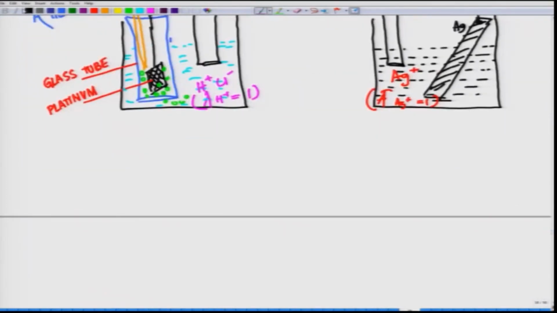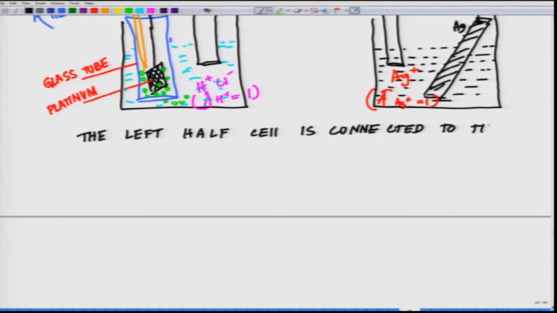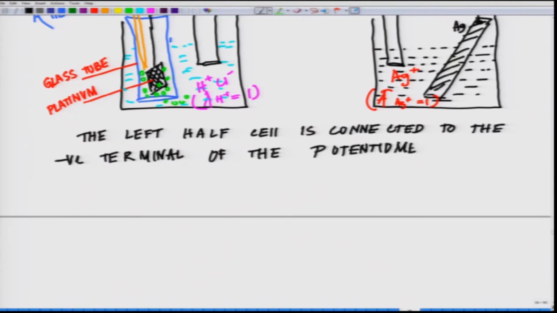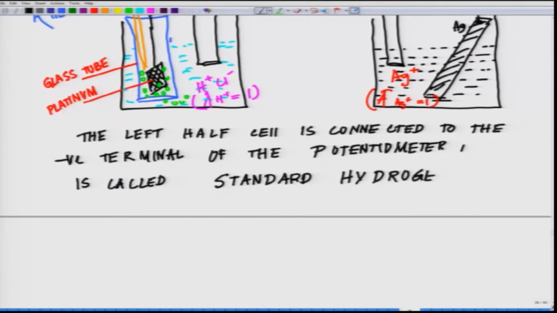This is your left half cell, and this is called the standard hydrogen electrode, or SHE.